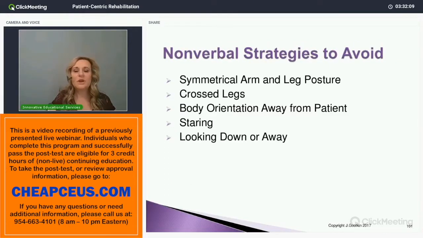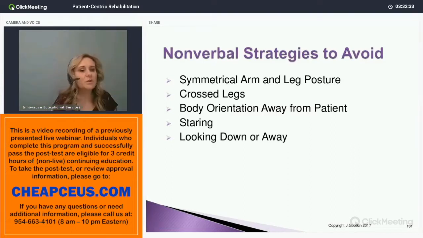Some of the nonverbal strategies to avoid, do you guys know about the fig leaf? That's the individual when they sit, they take their hands and they cover their genitalia at the pelvis. Kind of like a fig leaf covering and protecting things. That's someone who's nervous, they're trying to protect themselves. Someone with closed in body, crossed arms, crossed legs, they're closed in.